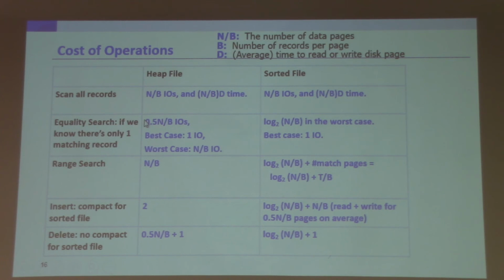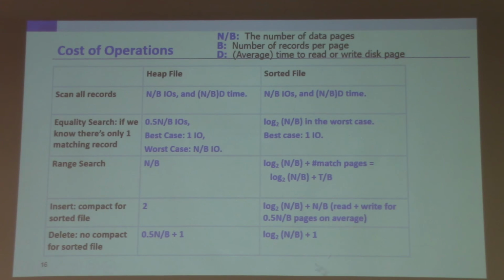That's simply the search cost. Then as soon as you have found the record you want to delete, that page is already in the buffer. That's why you don't have to pay an additional I/O to read that page, but you do have to pay an additional I/O to write that page. So it's +1 instead of +2 for that reason.